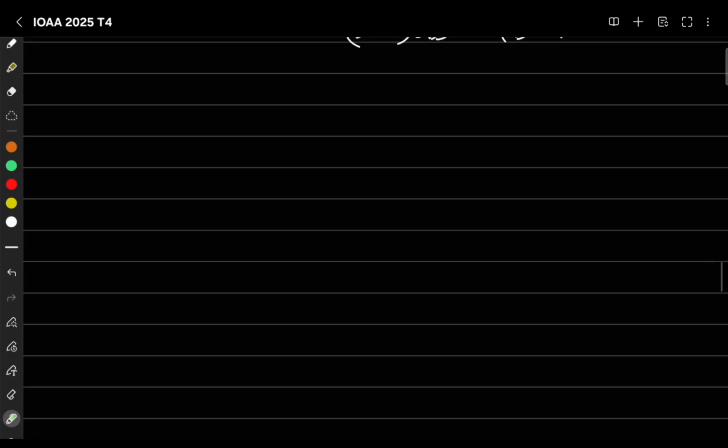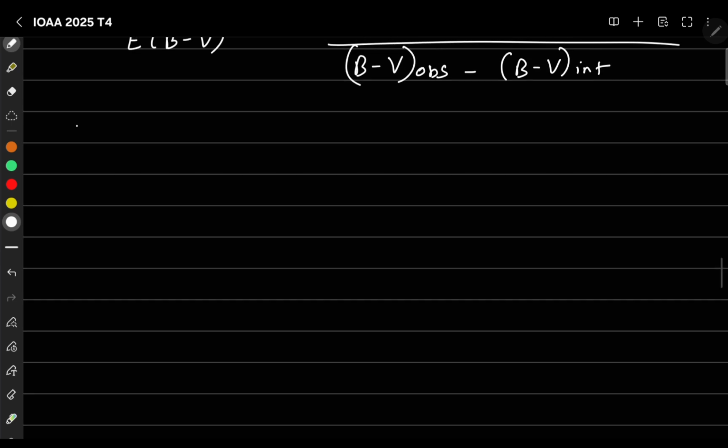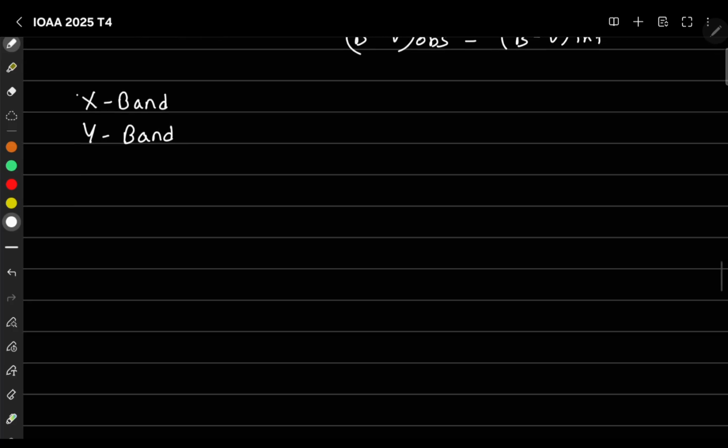Let us suppose we are observing in an x band, and in a y band as well. These are some hypothetical bands.